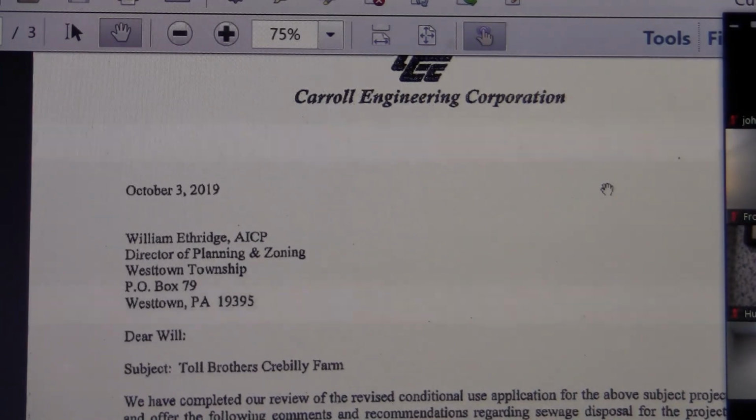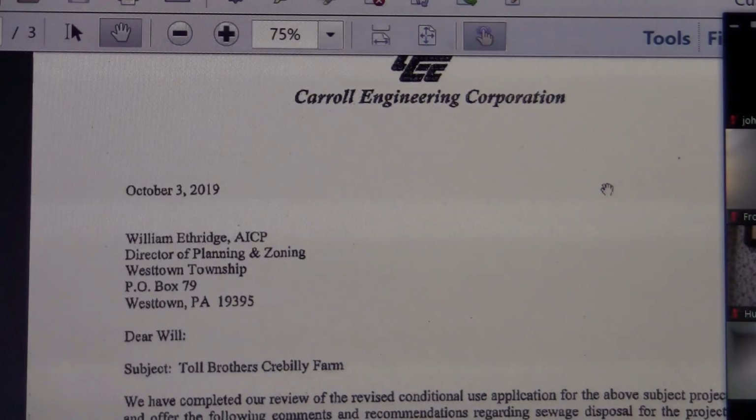Yes, we met with them on January 22nd of 2020. I have also had significant follow-up conversations with Bill Malin numerous times via telephone about this so that I had a clear understanding of what was required to connect to the public sewer system. All right, is Bill Malin the township sewer engineer for Carroll Engineering?